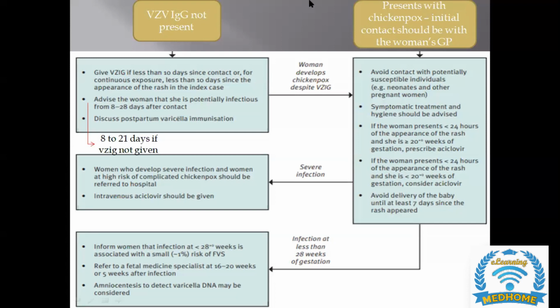Her virus has to complete its cycle till 21 days. But if we give immunoglobulins, maybe the potential infection starts after the effect of immunoglobulin, after 1 week. Then it will prolong till 28 days. Okay. Thank you so much.